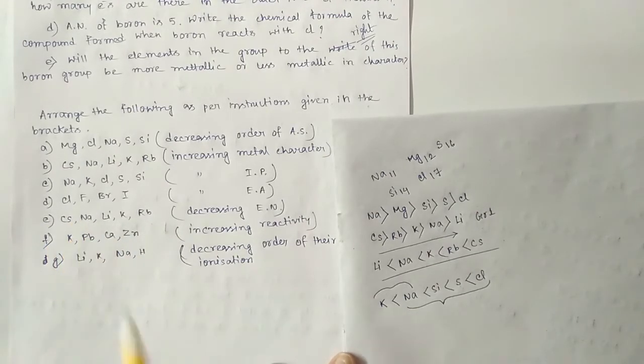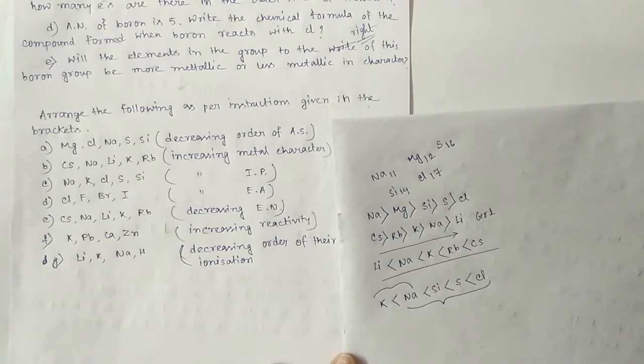It says to arrange chlorine, fluorine, bromine, iodine in increasing order of electron affinity. So what is electron affinity? I have told you that it is the energy released when you convert a gaseous atom to a gaseous anion.